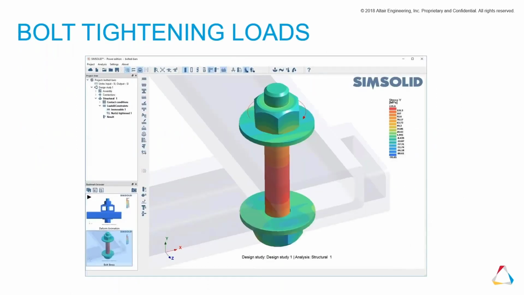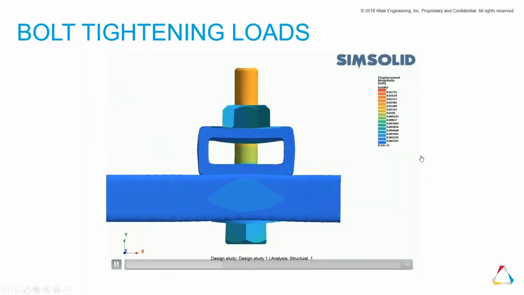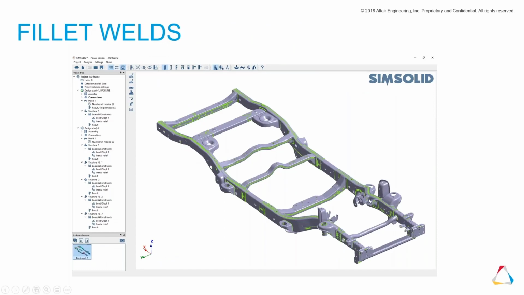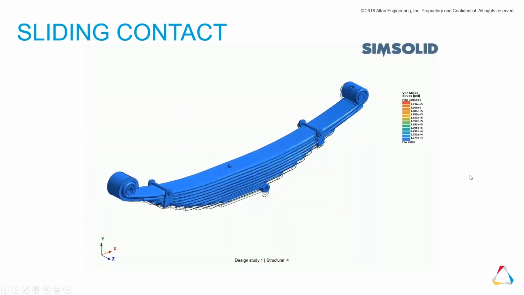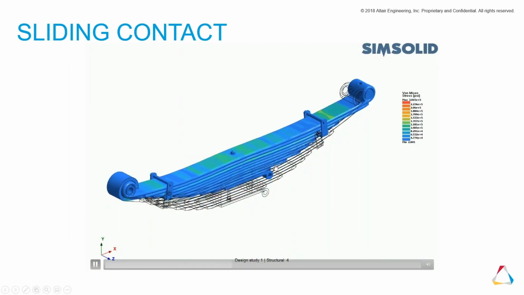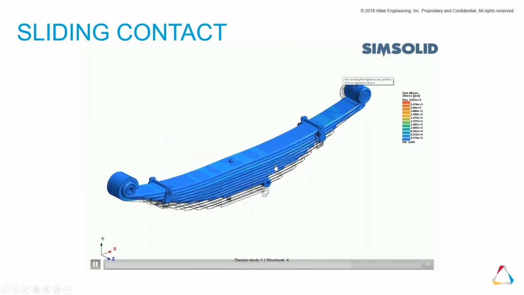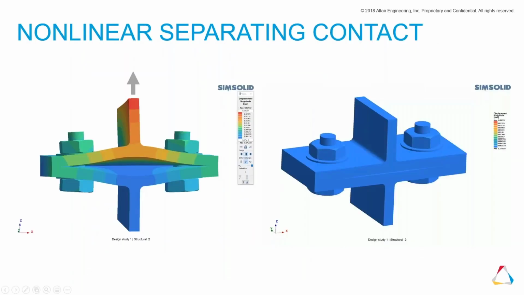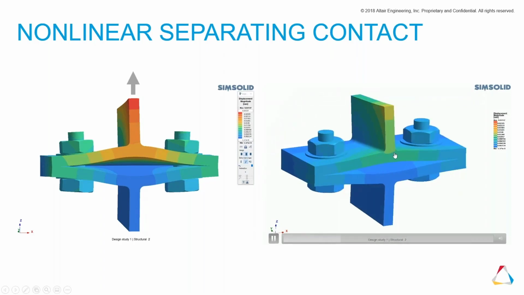Bolt tightening loads we are capable of doing. We already saw this. You can create spot welds and fillet welds for as big as this whole chassis. You can create contacts. We have seen this, but there's another example where sliding contacts may be useful, or separating contacts, for example nonlinear separating contacts where the separation happens because of external forces.